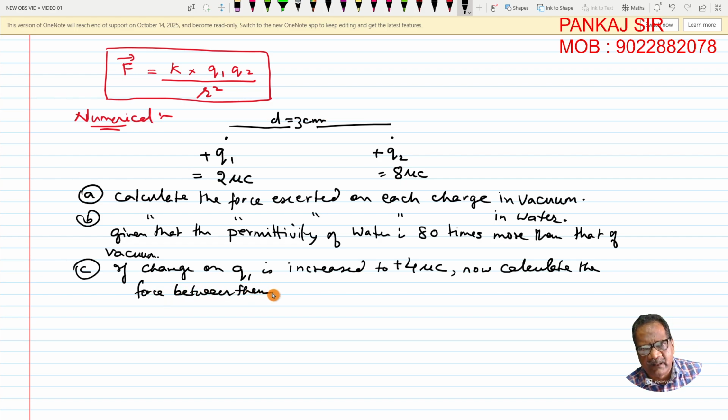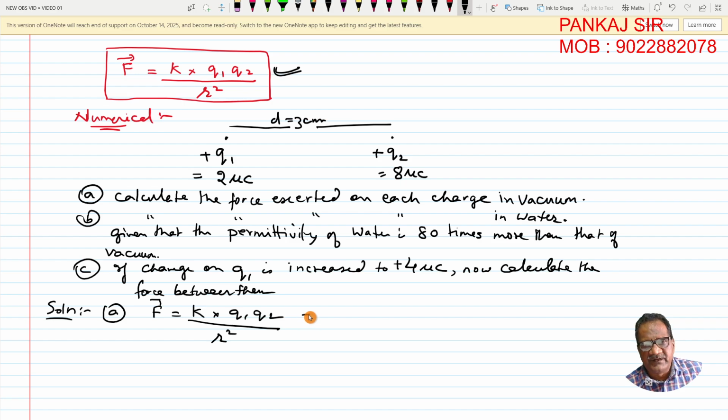Okay, so basically we are going to make use of this particular formula to answer all these three questions A, B and C. Let us go for the solution. The solution for A part is, using this formula, force is equal to K times Q1 Q2 divided by r squared.